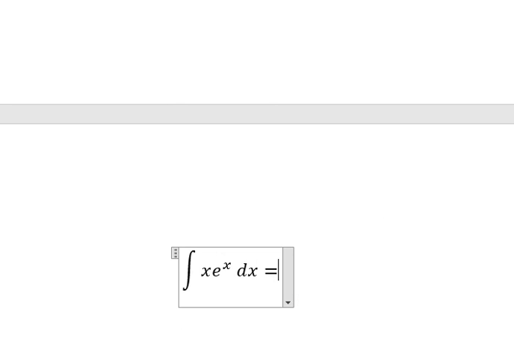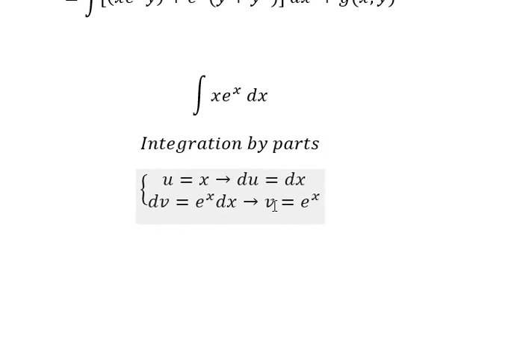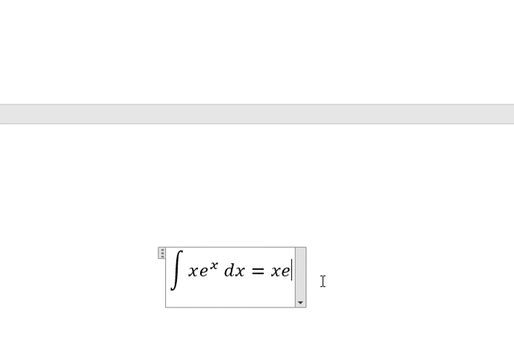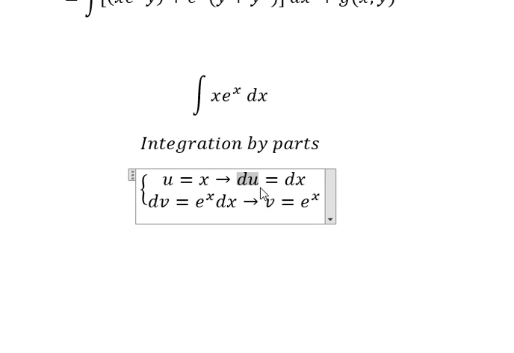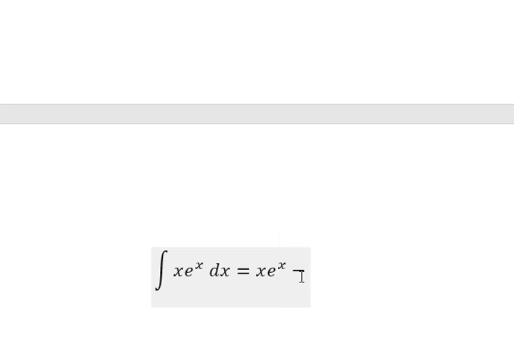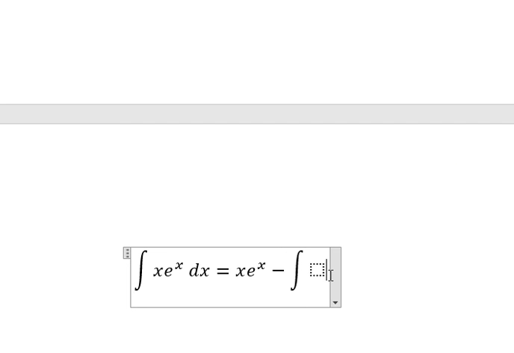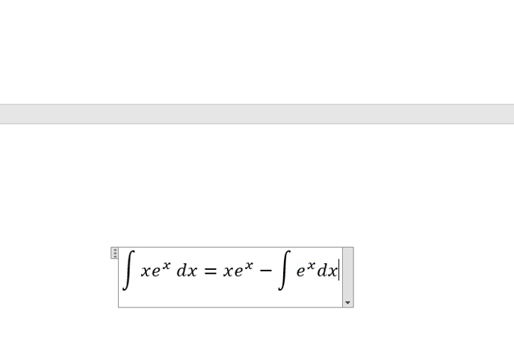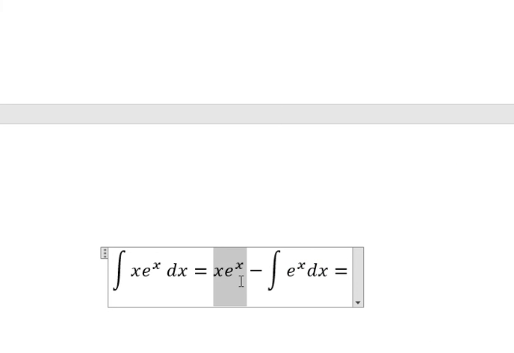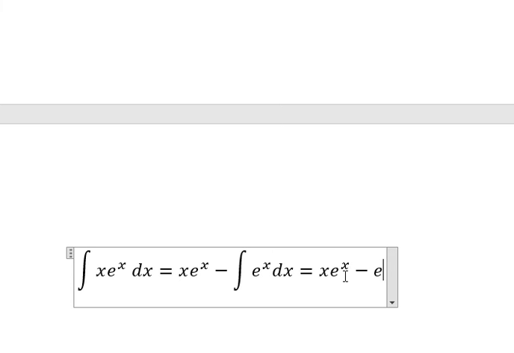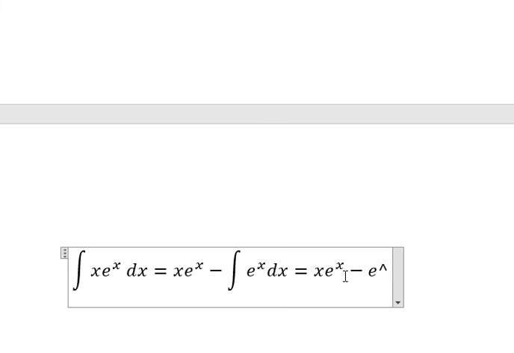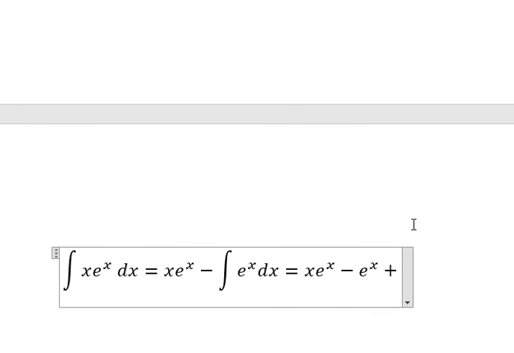So we have u multiplied by v, s e to the power of s, minus the integration of v du, so we have the integration of e to the power of s ds, and this one we have negative e to the power of s, and I will put c.